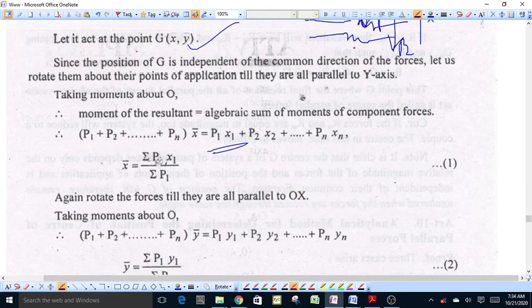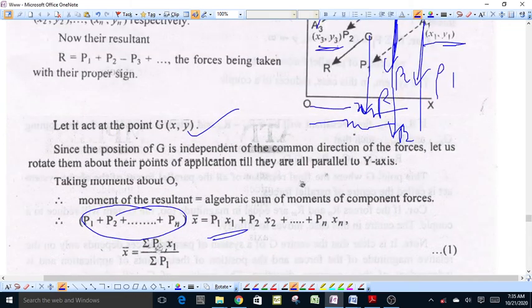The moment of the resultant of all these forces will be equal to P1 plus P2 plus Pn into x bar, because the moment of the resultant is equal to the algebraic sum of moments of all the component forces.